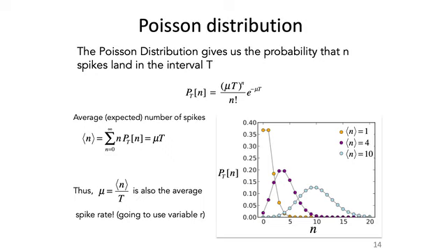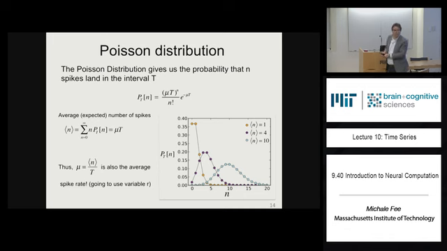You can see that if the firing rate is low enough or the window is short enough such that the expected number of spikes is 1, you can see that most of the time you're going to get 0 or 1 spikes, and then occasionally 2, and very occasionally 3, and then almost never more than 4 or 5. Okay?